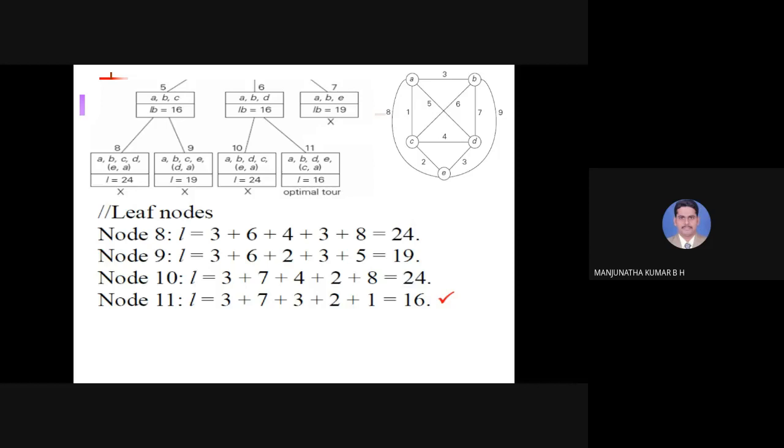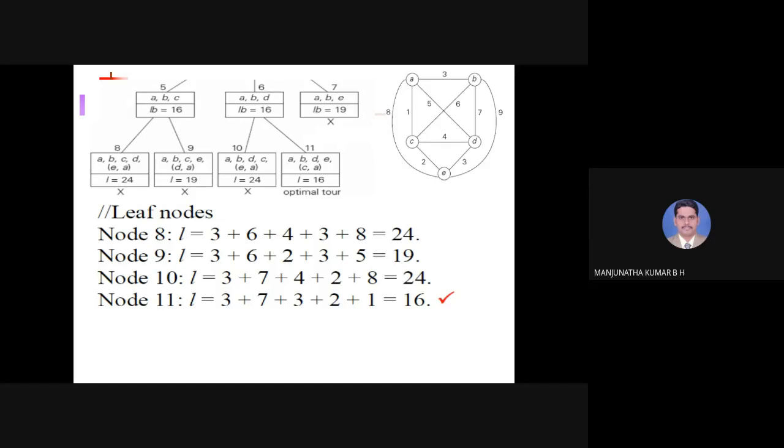Okay, in this level you will get the optimal solution. Now let me explain how you will get the optimal solution. The lower bound value calculation for the leaf nodes is very simple. You take one node now, node 8. Node 8 is coming from node 5.